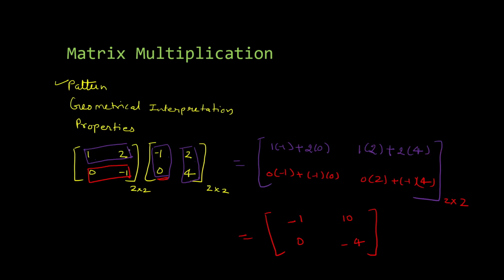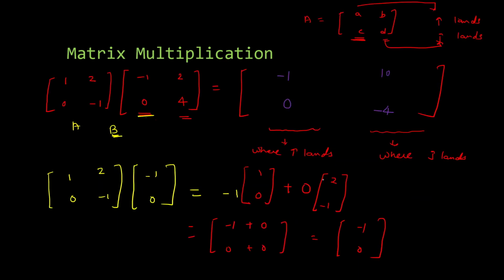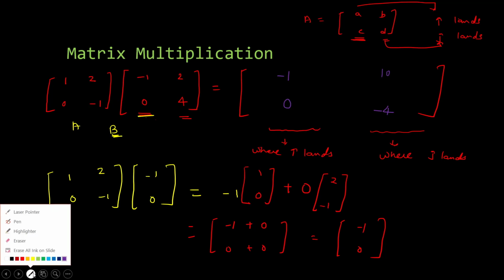Although this pattern looks like it has simpler steps to compute the matrix multiplication, I wanted to show you this pattern also because it gives us an idea about how matrix multiplication can be understood as a combination of different linear transformations. Again, if you are not sure what a linear transformation is and how it is related to matrix vector computation, then go back and watch the videos before you move ahead.